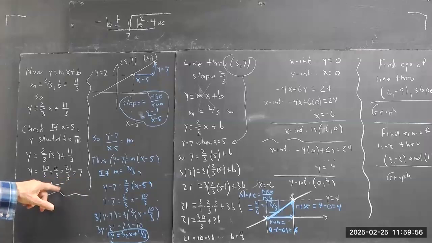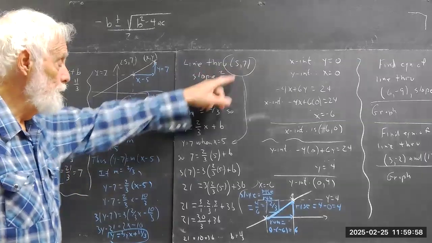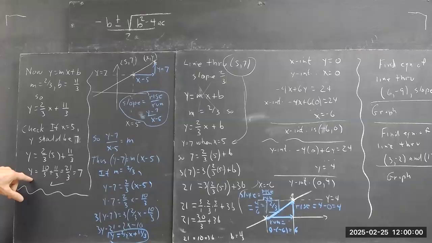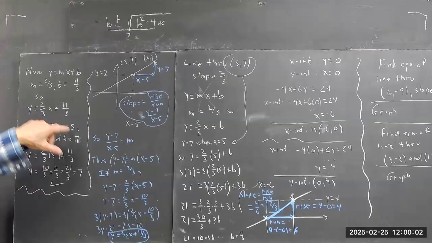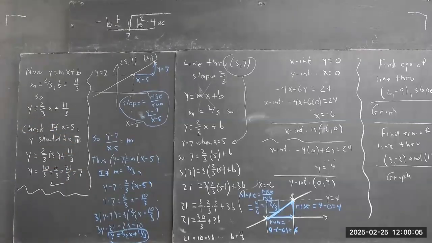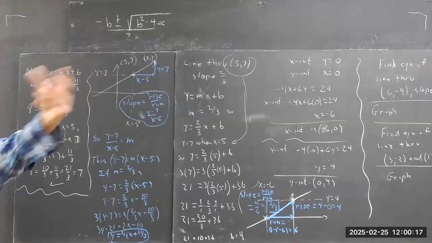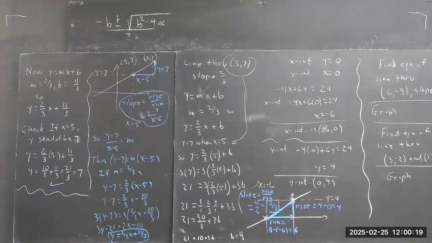So y equals 7, and that agrees. x equals 5 predicts that y equals 7. We know then that this equation is correct. And we have checked ourselves, so if we do make a mistake, we catch it ourselves and learn much more by correcting it, than by just finding out later that it's wrong, when we've forgotten everything we did. Okay?